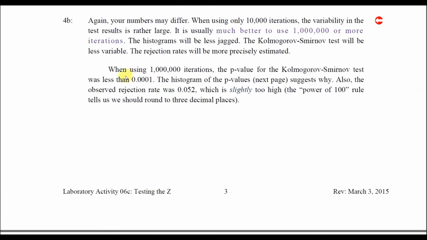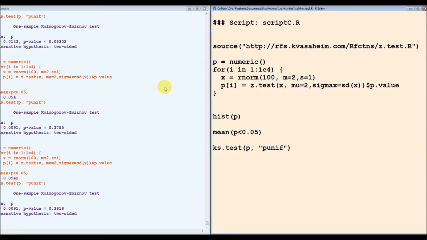Notice here, when using a million iterations, the p-value for the Kolmogorov-Smirnov test will usually be less than alpha. Now I'm going to change the number of iterations to 1,000,000. So I'm going to change that from 1 times 10 to the 4th to 1 times 10 to the 6th. So you can just see how much the p-values smooth out.